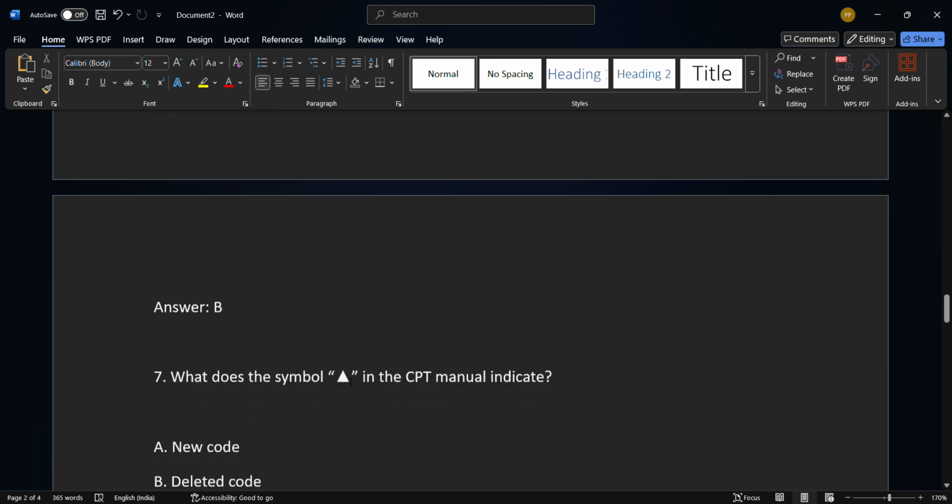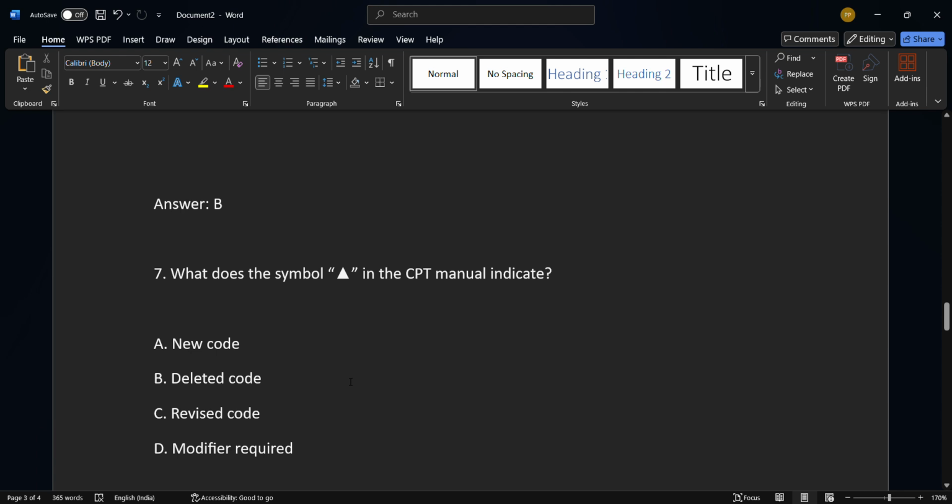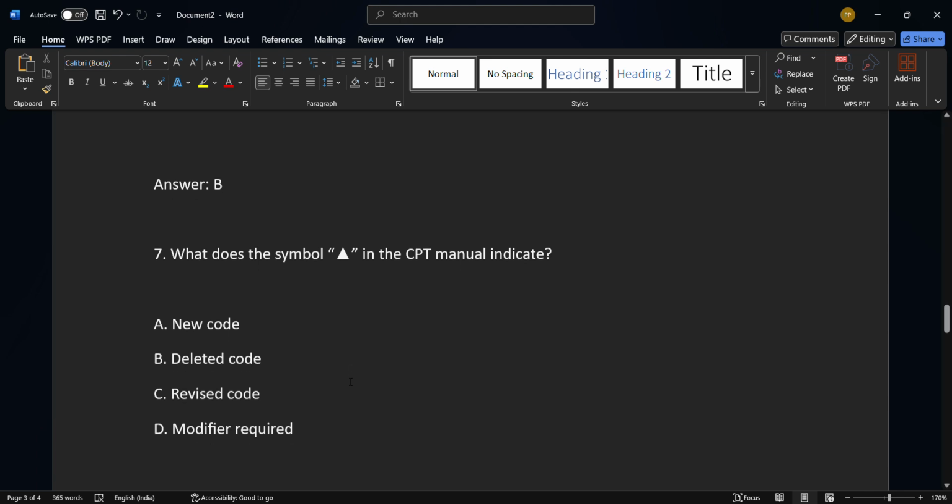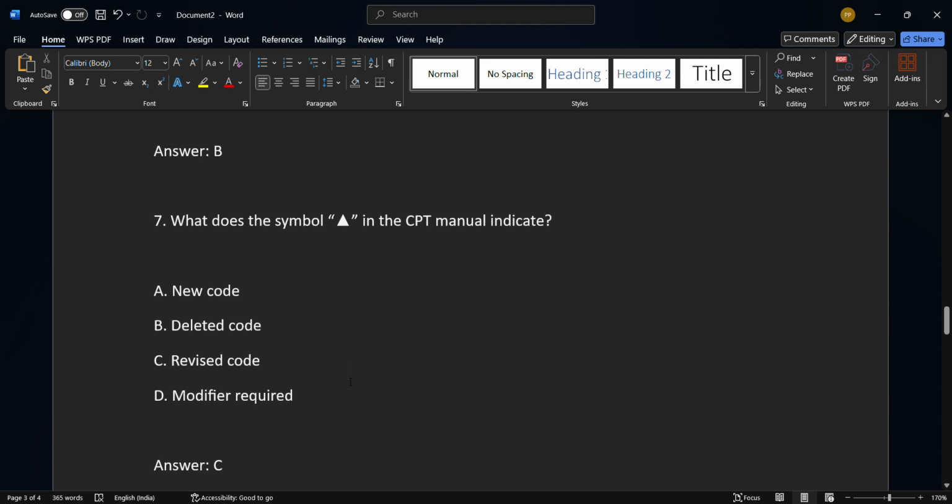Seventh question: what does the triangle symbol in the CPT manual indicate? Here are the options. Option A, a new code. Option B, deleted code. Option C, revised code. Option D, modifier required. The right answer is option C, revised code.